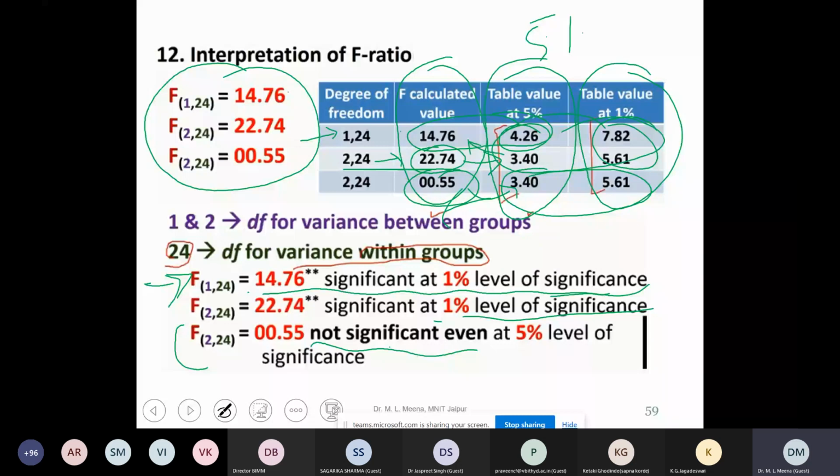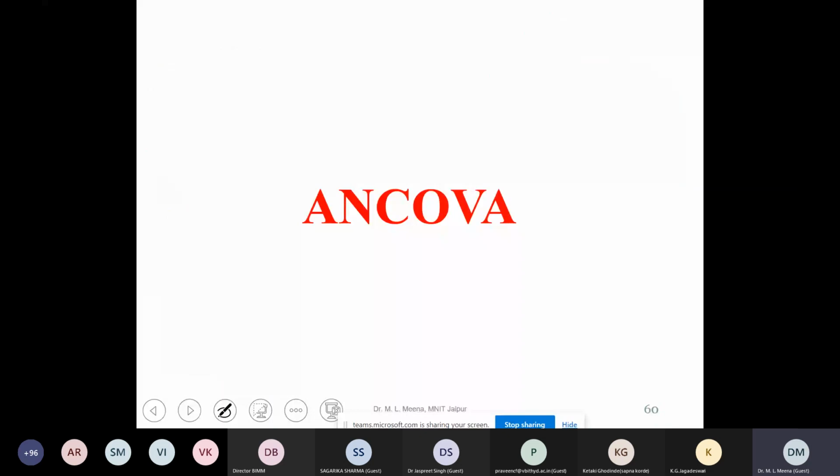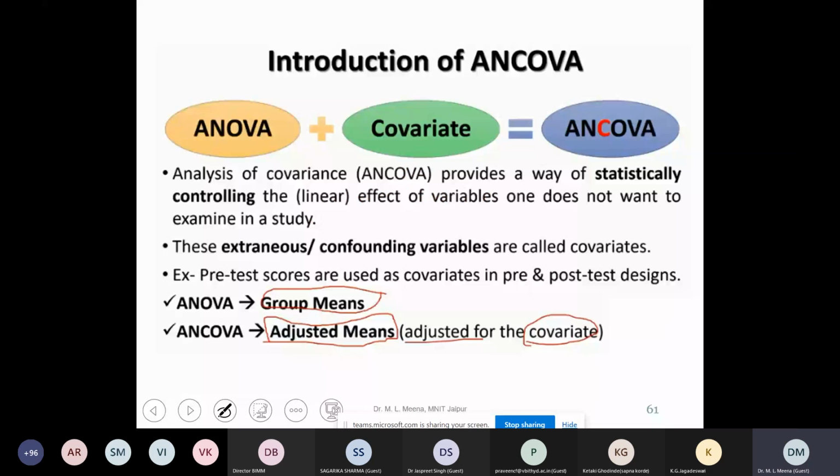So this is the basic procedure of one-way and two-way ANOVA using manual methods. And the second part of today's lecture is ANCOVA. ANCOVA is analysis of covariance.